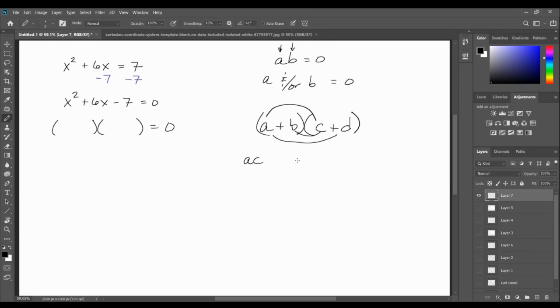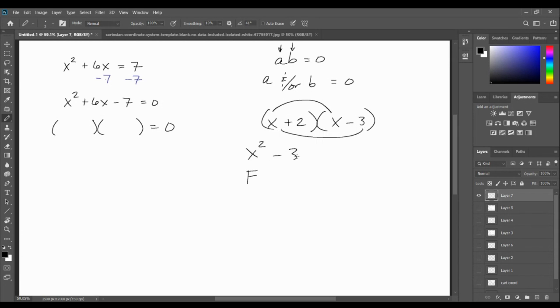Outside, inside always summed to the middle term. Let's just kind of pick some numbers so that we can see how this applies. So first, x times x gave me x squared. That was the first part.